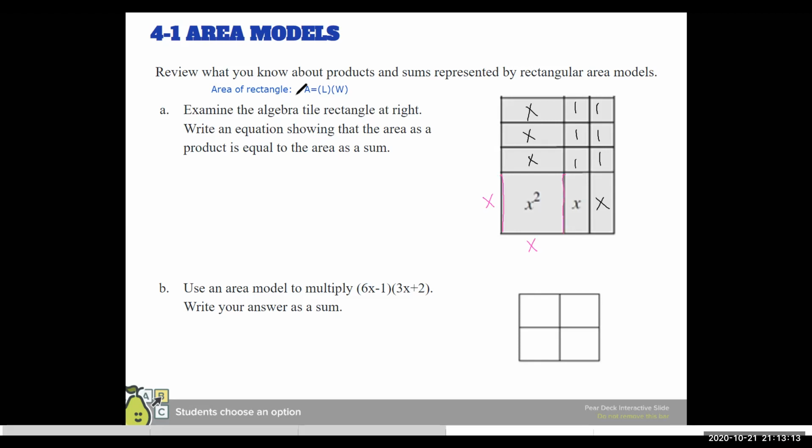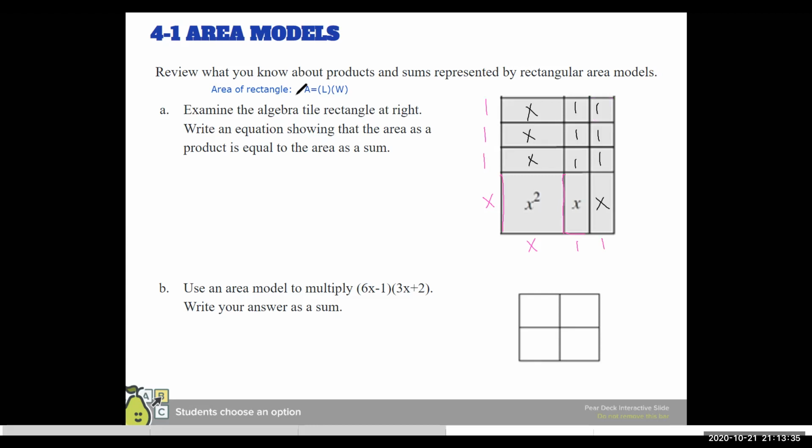So the only way I can get x as a product with x as one of the factors is by 1. So x times 1 makes x. So that little section would also be a 1, and then these would also be 1s. And that works out nicely because 1 times 1 would give us each of these littler squares up here on the top right.